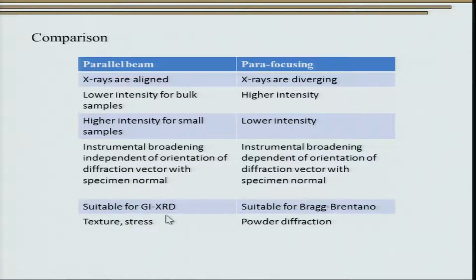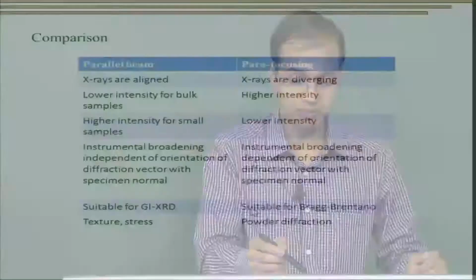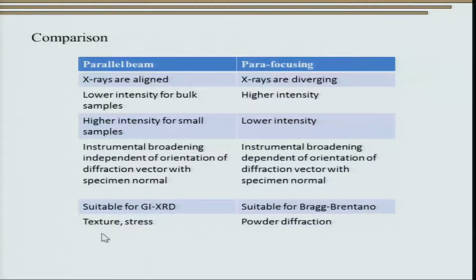At the same time, we know that the parafocusing geometry is very suitable for normal Bragg-Brentano geometry. This is something that we do on the normal X-ray diffractometer: take our sample, put it in the diffractometer, and this is what we get. However, the parallel beam geometry, as I mentioned, is useful for stress, texture and also for grazing incidence X-ray diffraction.